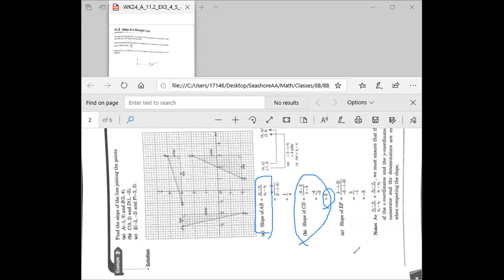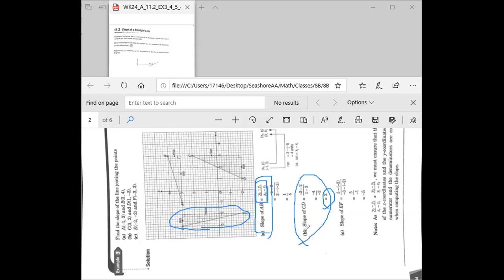All right, so we need to figure out the slope of EF. This is this triangle, okay? So the slope of EF, again, we want to plug into the formula.